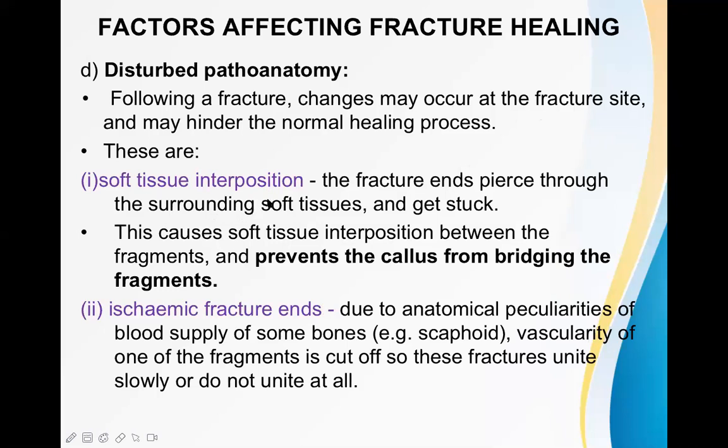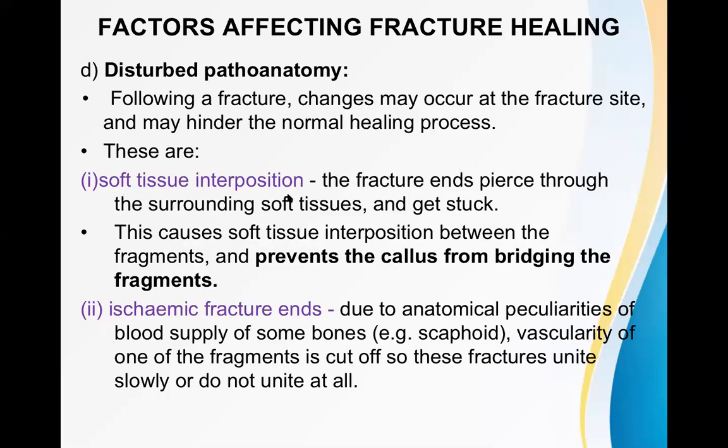Now let's analyze them one after the other. In between the fracture ends, if there is a piece of muscle lying, or some nerves, for example, or some other soft tissue, the fracture is not going to heal because it is preventing the callus from bridging the fragments. So we need to be careful about this.